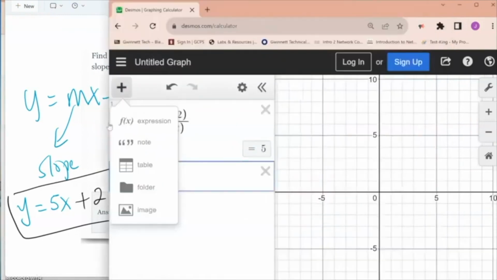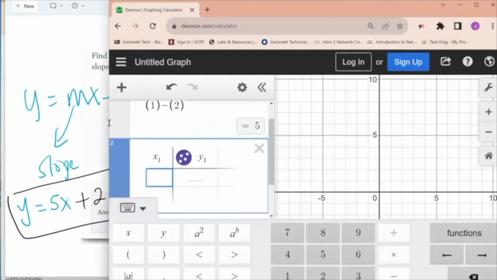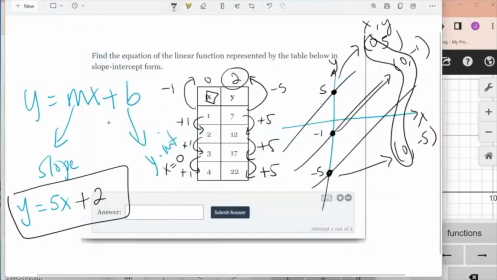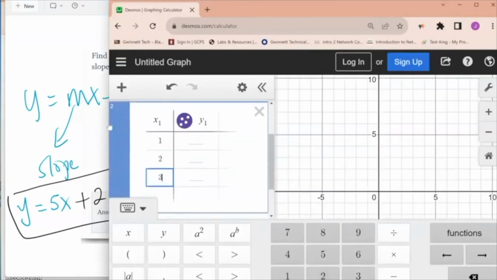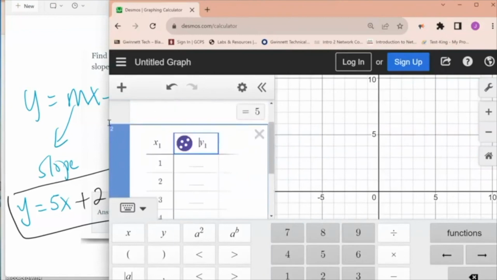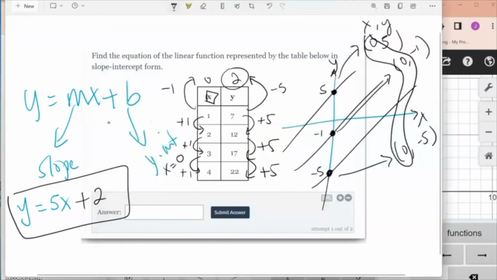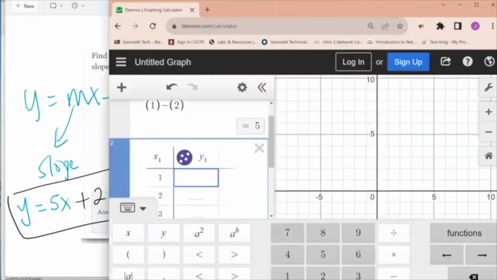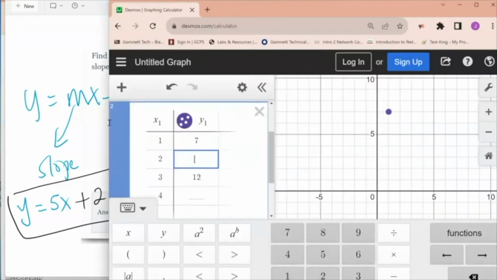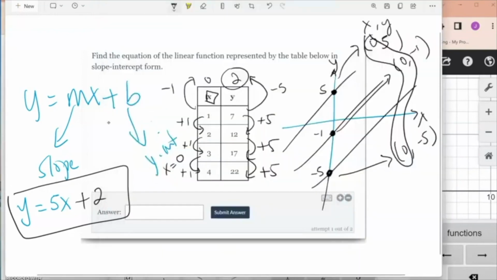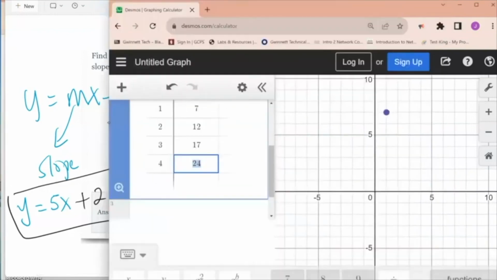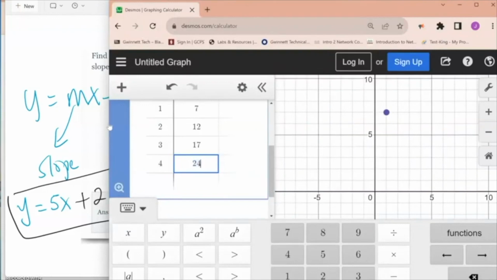So you go right here, hit table, and then put in the values: 1, 2, 3, 4, and then 7, 12, 17, 22. Make sure you copy the table in correctly.